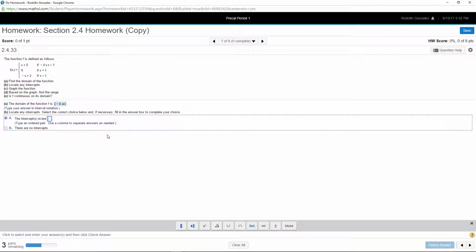Any intercepts. What would a good intercept be? Well, whatever. Let's just do it the way they want us to do it. Sorry.